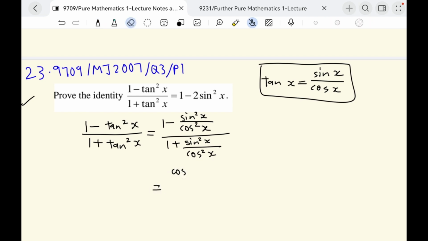Okay, to satisfy each denominator, like this.